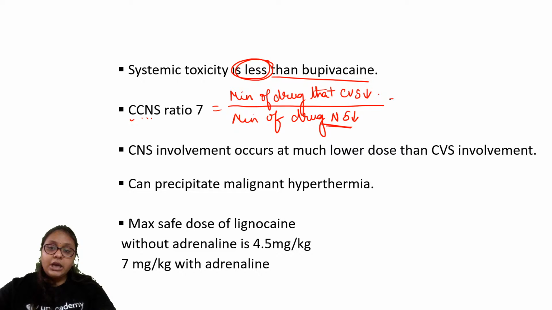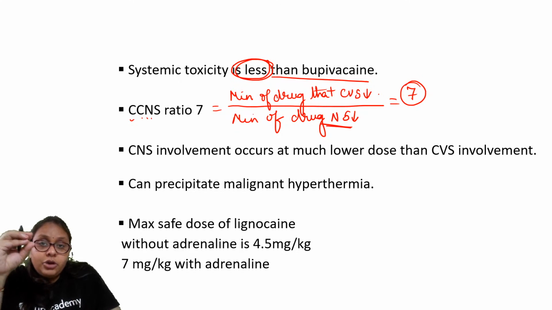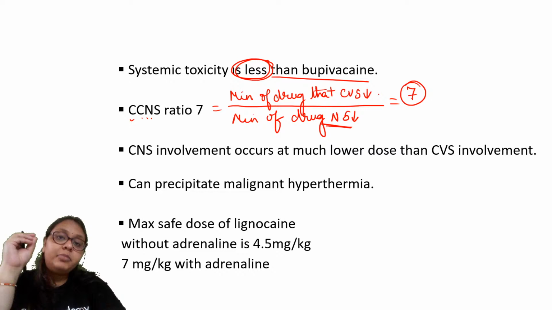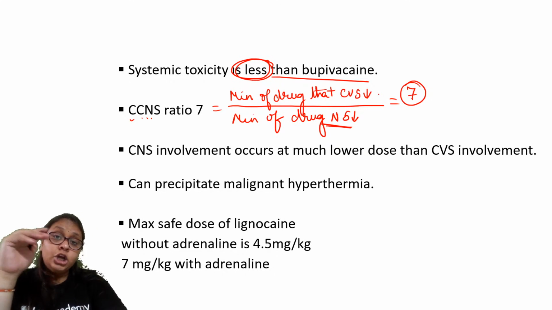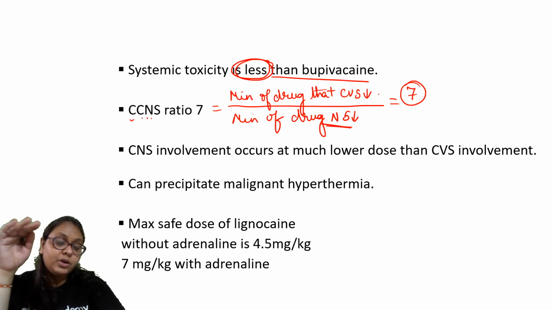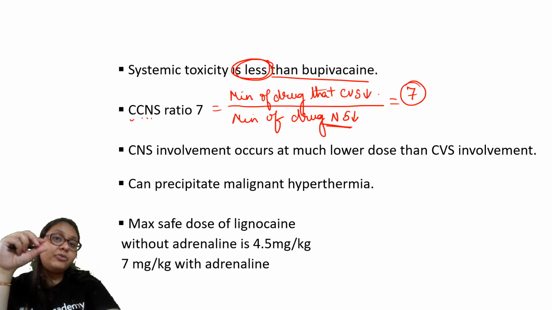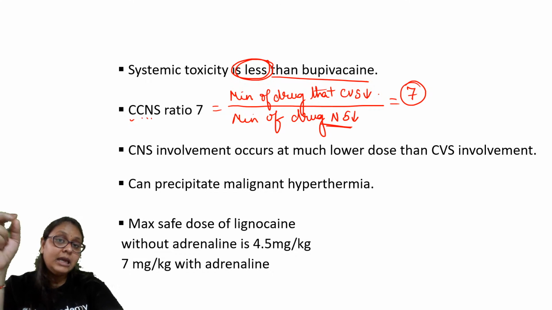If the ratio is more, that means if 1 ml is needed to produce nervous system toxicity, then 7 ml is needed to produce CVS toxicity. Whereas the CC/CNS ratio of bupivacaine is less, only 3. So a lesser amount of drug produces CVS toxicity, therefore it is more toxic than lignocaine.